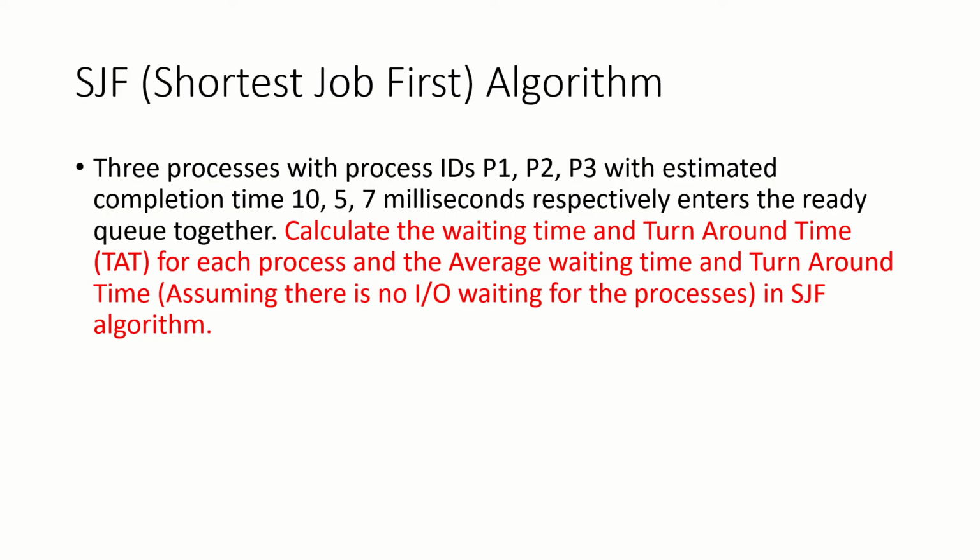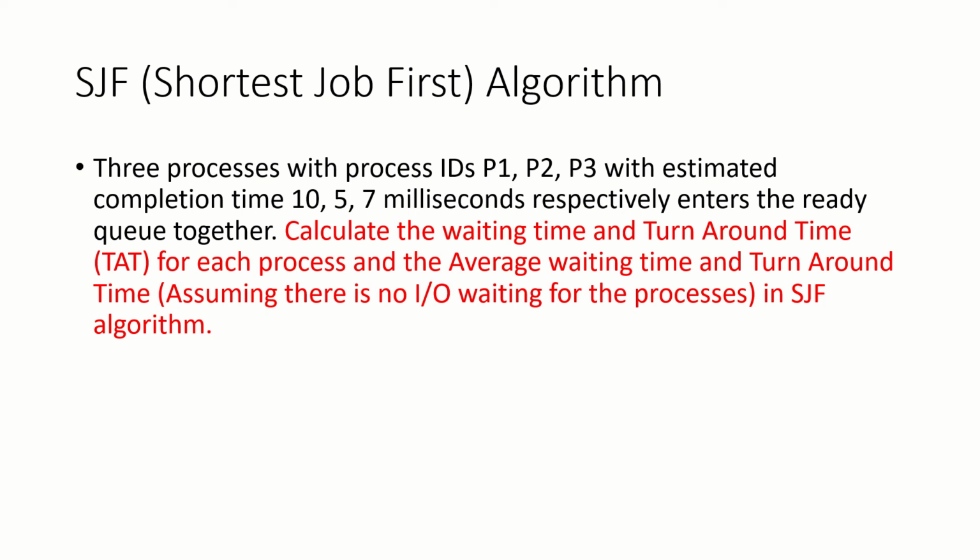But what is our work here? We have to calculate the waiting time and the turnaround time for each of these processes and the average waiting time and turnaround time for P1, P2 and P3. Here we have to consider shortest job first. So now you have solved two types of scheduling algorithm problems.